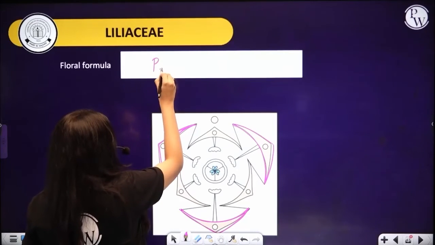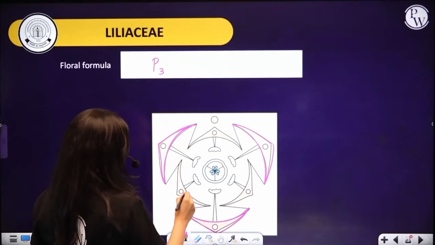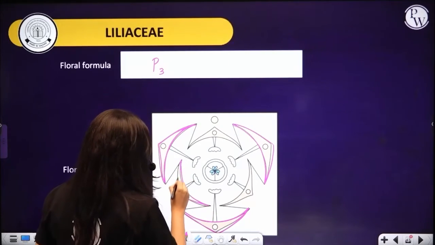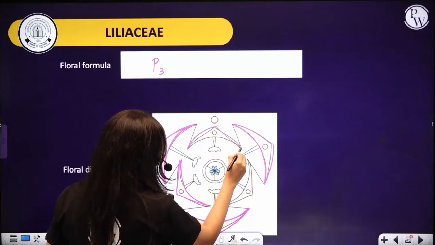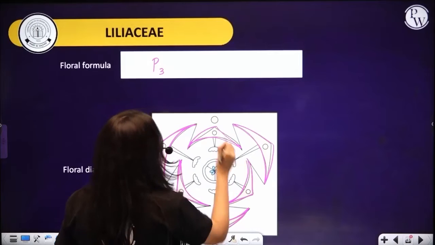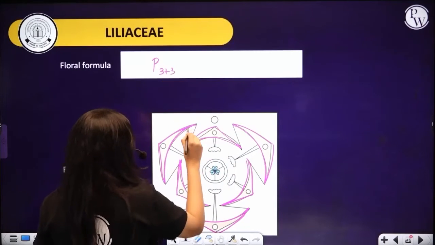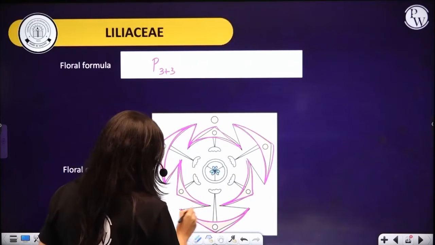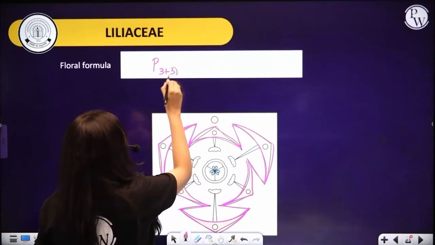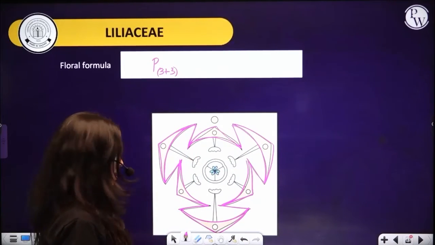This is the outer whorl, this is the perianth. Inside that you have another whorl, 1, 2, 3. And these lines indicate that the tepals are fused. So you put that within brackets.